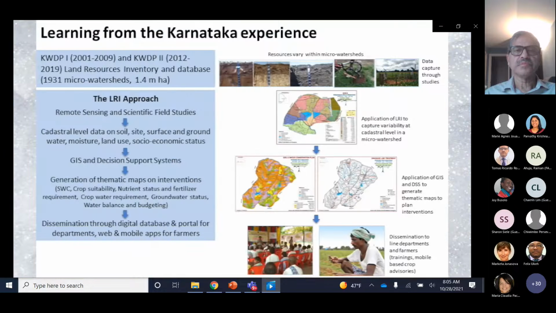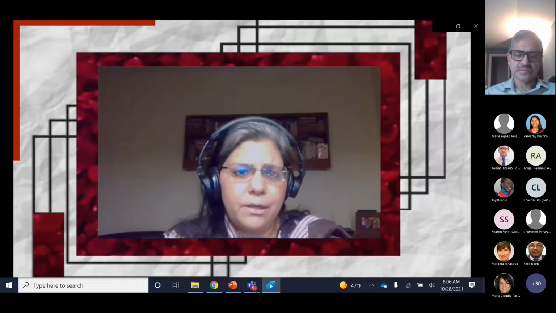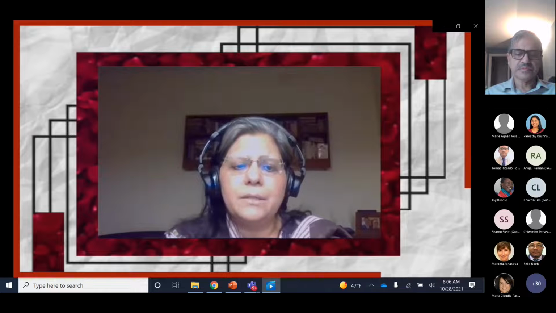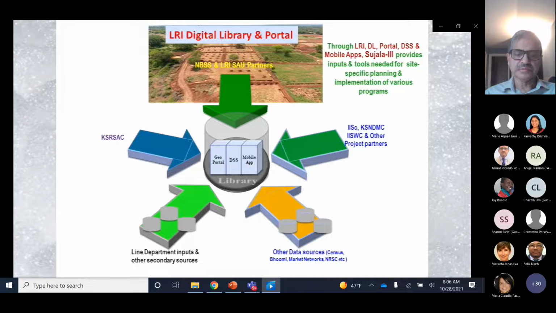The key feature of this innovative project was a land resource inventory approach, which generated farm-level site-specific data on soil, water, vegetation, land use, and so on, in about 1.5 million hectares of land using remote sensing and GIS techniques. A digital portal was established that facilitated easy access to data for many departments through the internet, and this became available to a consortium of technical partners as well as government departments.